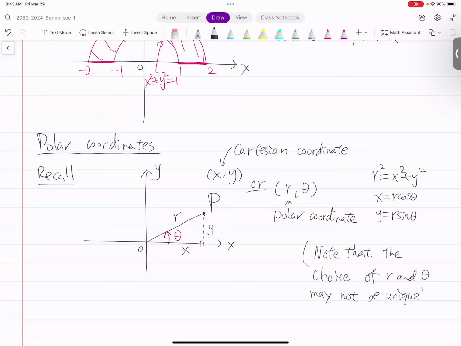Firstly, although we define r to be the distance from O to P, which means you tend to give positive values, it's also legal to use the negative distance. The positive just says that along the direction OP, I'm going a positive number of units. But I can choose the opposite direction. Let me quickly draw that.